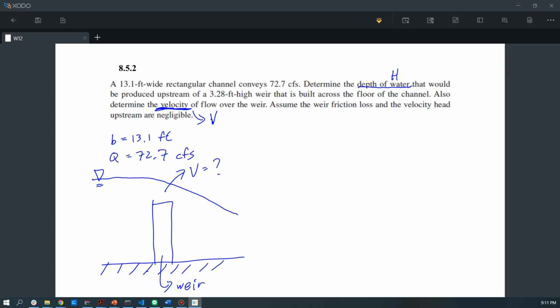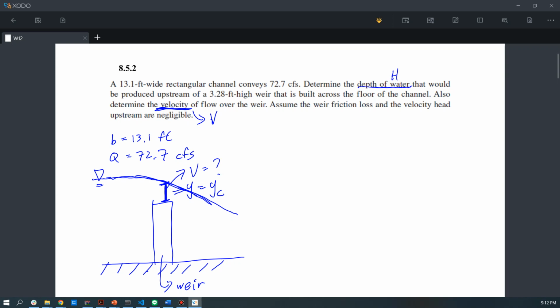So to do that, we first need to know the water depth here, I mean on top of this weir. We know that for the flow transitioning from subcritical to downstream, this depth will equal the critical depth because the flow has a free flow over this weir.